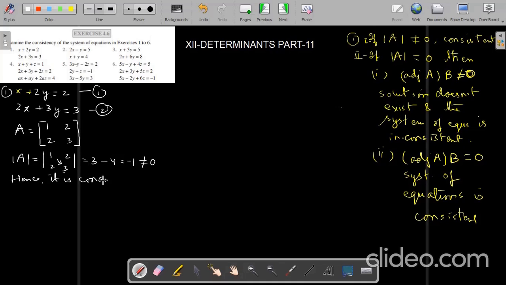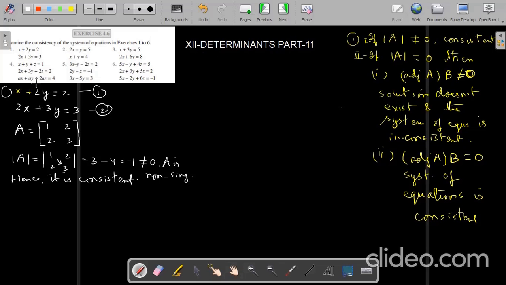When determinant A is not equal to 0, then A is non-singular. Also you can write non-singular matrix.